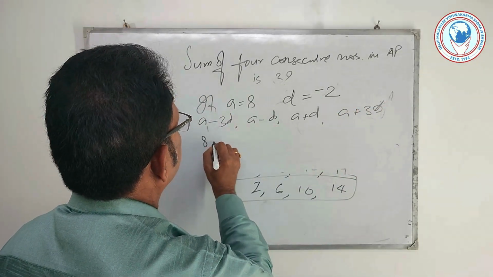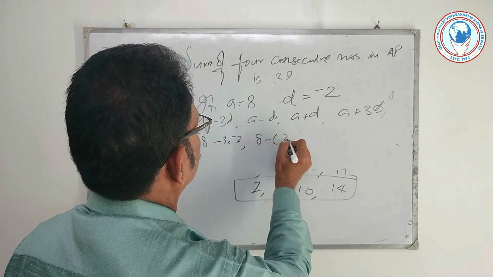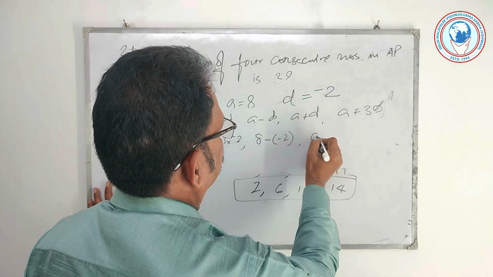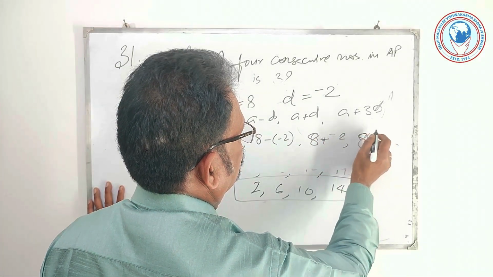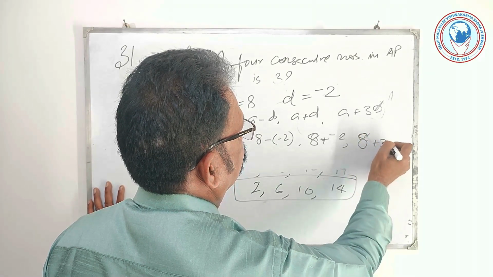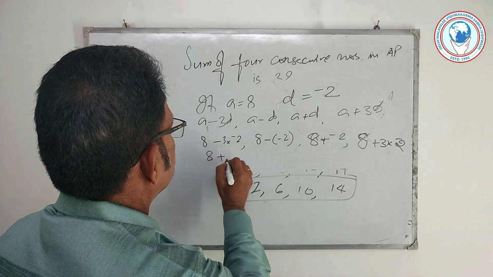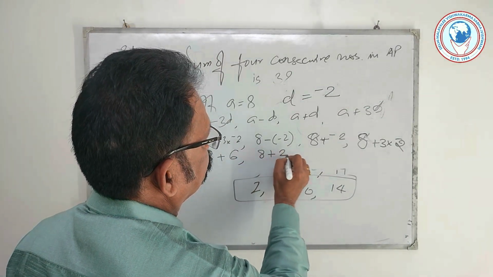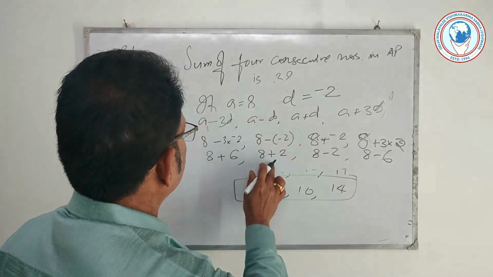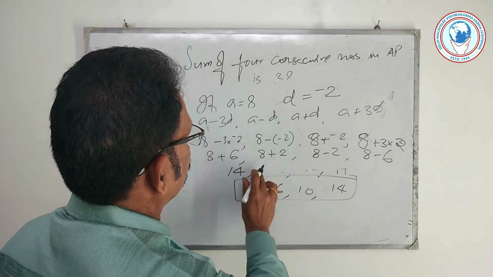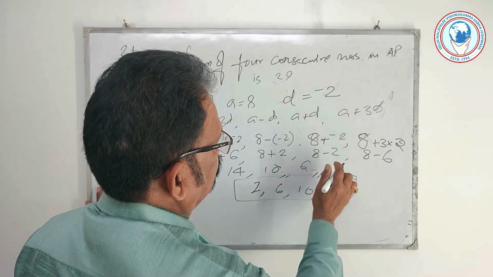That is 8 minus 3 into minus 2, 8 minus minus 2, 8 plus minus 2, 8 plus 3 into minus 2. That is 8 plus 6, 8 plus 2, 8 minus 2, 8 minus 6. That we got 14, 10, 6 and 2.